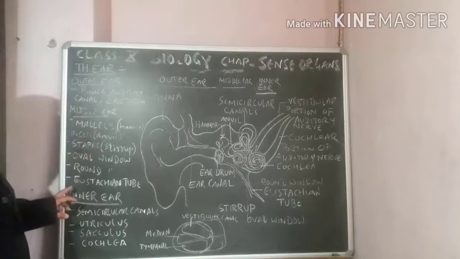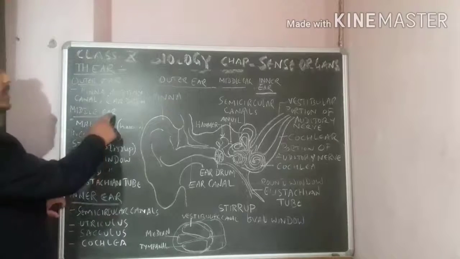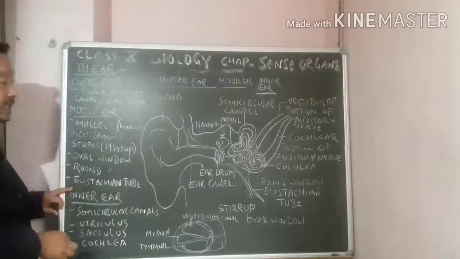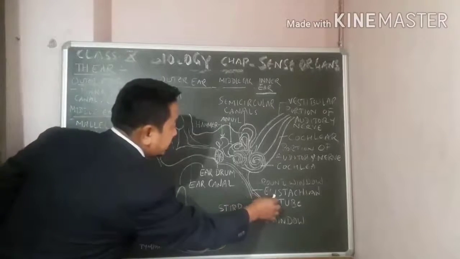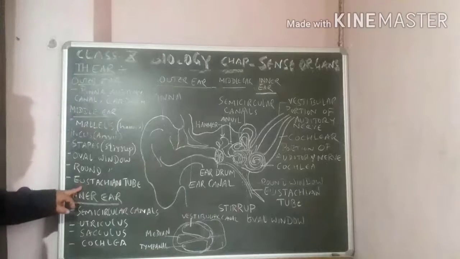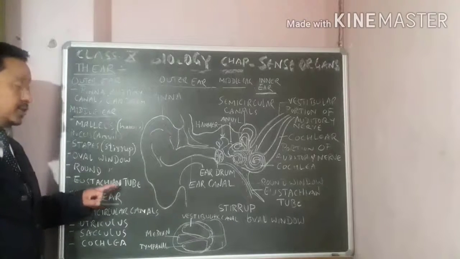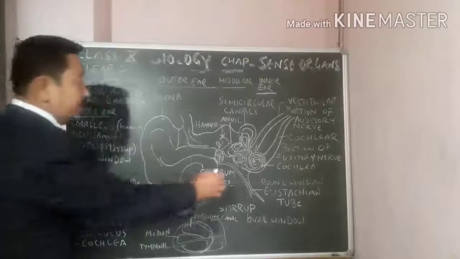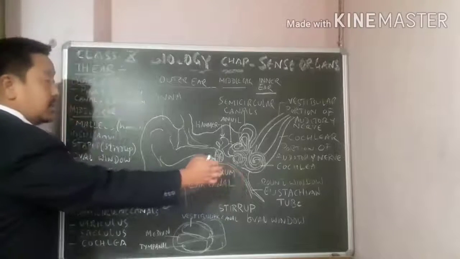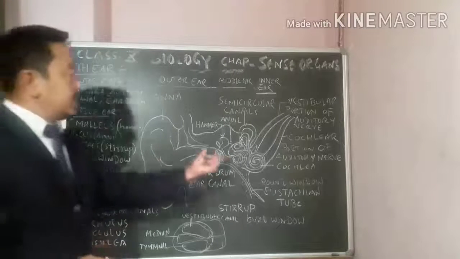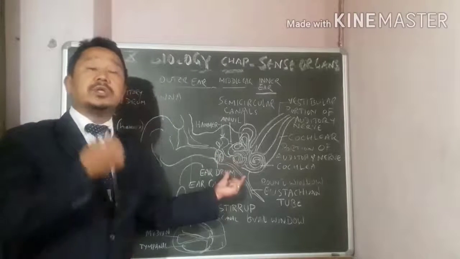Another part that you find in the middle ear is the Eustachian tube, E-U-S-T-A-C-H-I-A-N. This is another part of your middle ear, which connects the middle ear with the throat.